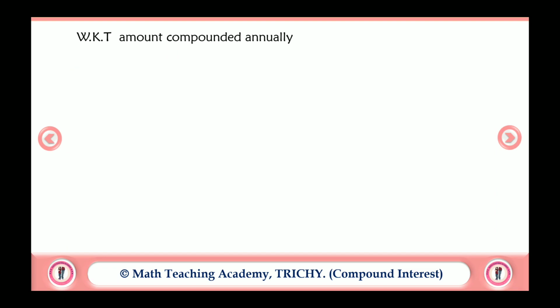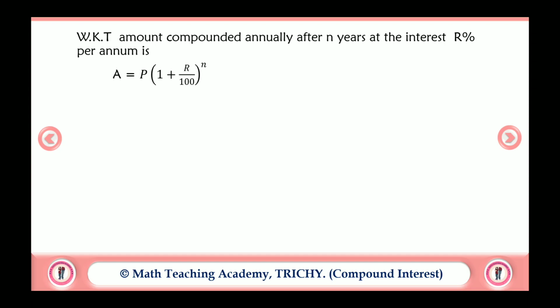We know that the amount compounded annually after n years at the interest rate R percent per annum is given by A = P(1 + R/100)^n. It has been given that the amount compounded annually is 4,410. Therefore, in place of A, replace the amount with 4,410.